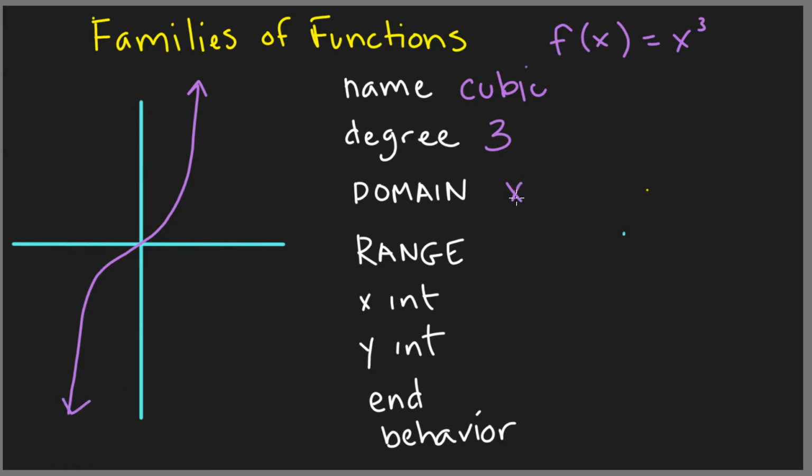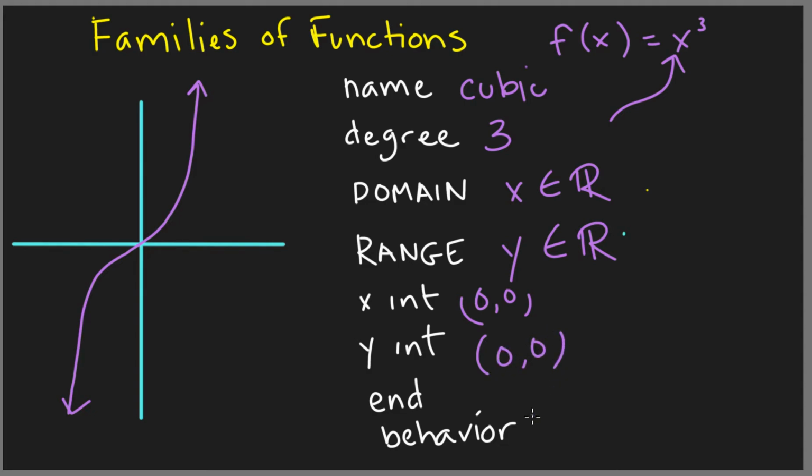My domain is x is a member of all real numbers. Think about it, you can plug anything into that x. My range, same thing. My range is going to be a member of all real numbers. X-intercept is at 0, 0. Y-intercept, 0, 0.